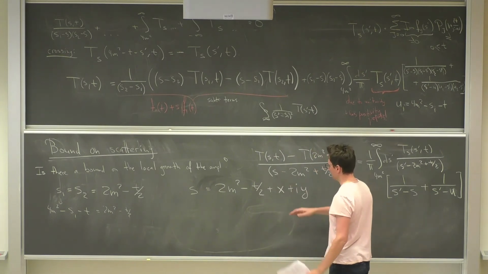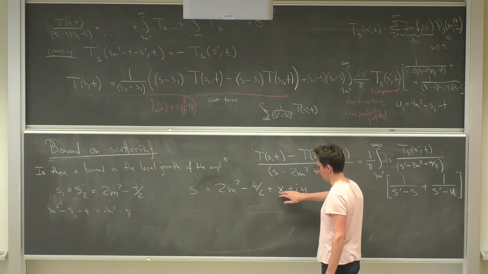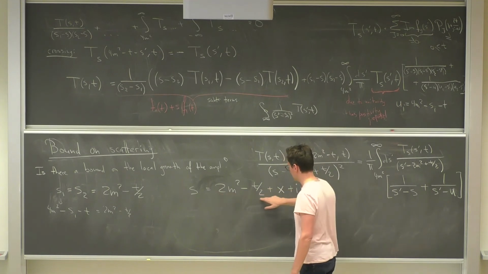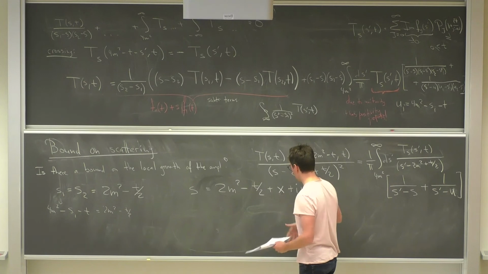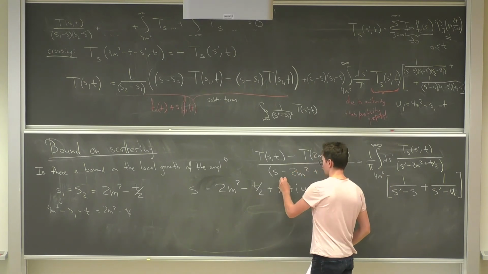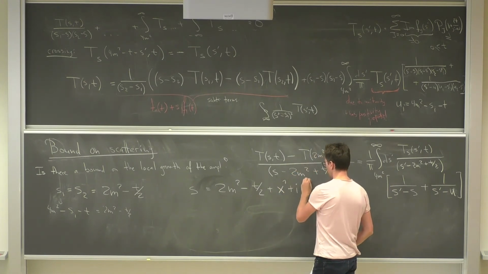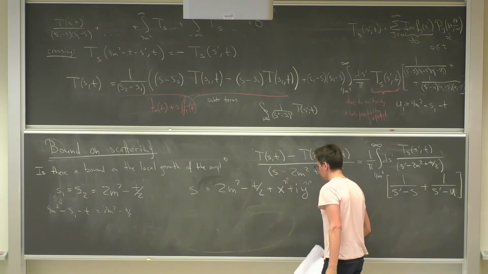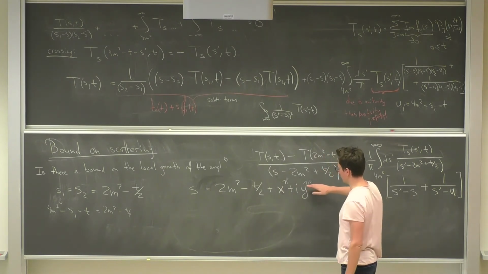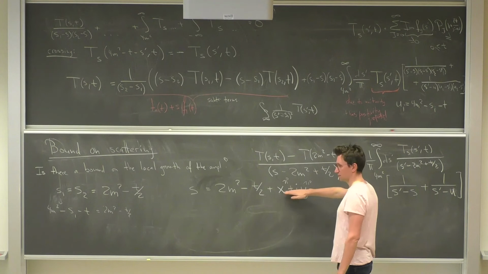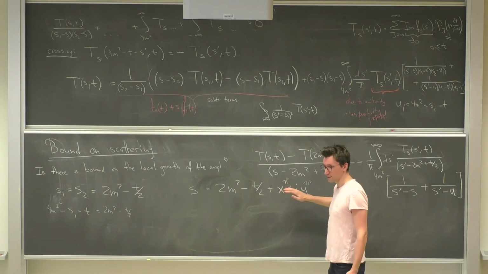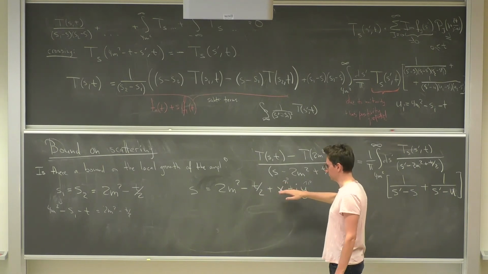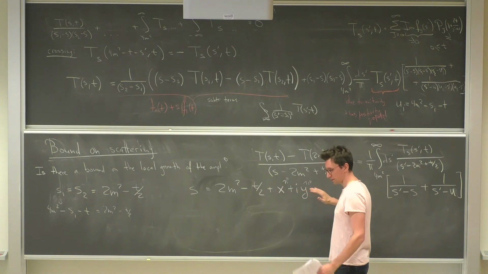So this is real, because t is between 0 and 4m squared, and let me take x to be also positive and real, and y also positive and real. So I want to study my amplitude as a function of this complex S, where I just explicitly write its real part and its imaginary part.